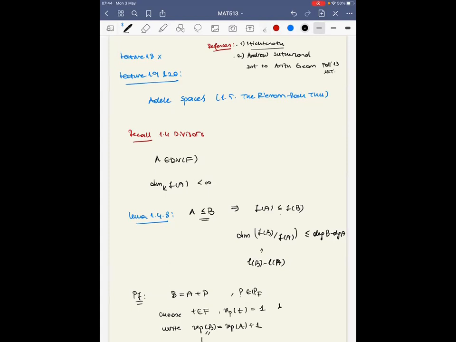Let me also denote this integer by n. So we denote the valuation of the divisor B at P by n.